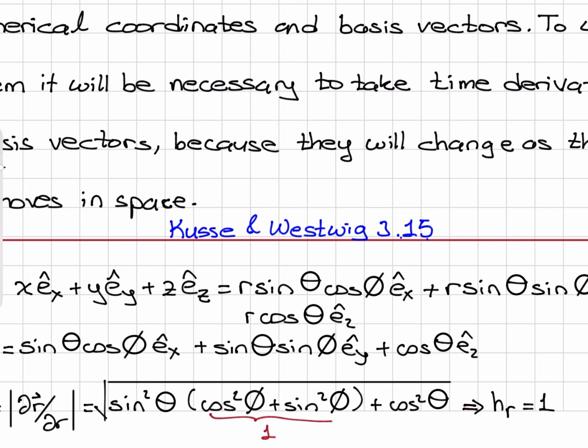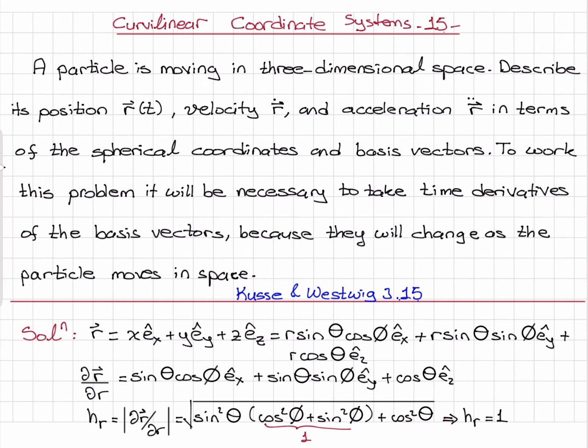So that's the conclusion. And with that, I can write the unit vector er hat. And this unit vector er hat is 1 over the scale factor h sub r del position vector del r.